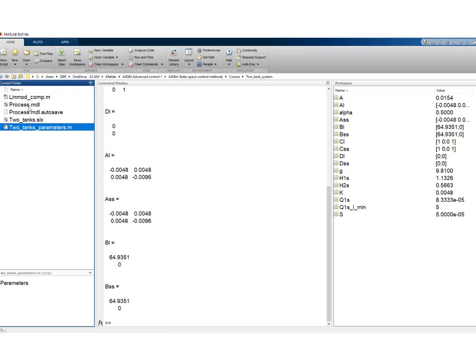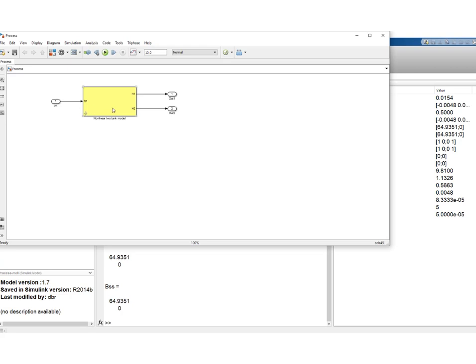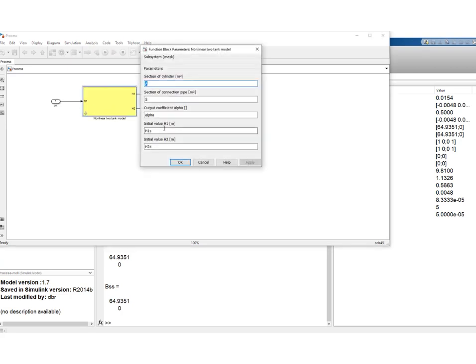It is, of course, quite important that you initialize the integrators that are in here with the correct values when you linearize the system.